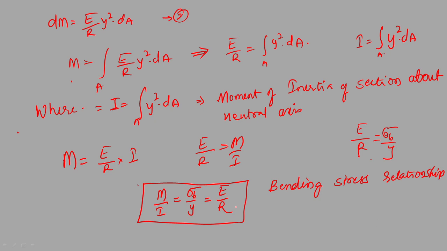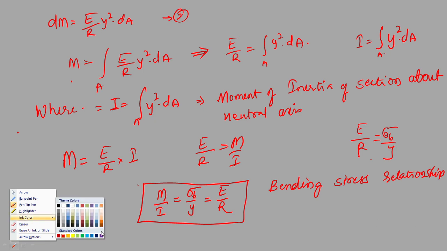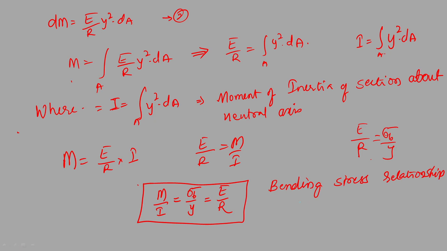Now where M is the bending moment, in Newton mm. I is the moment of inertia, in mm to the power of 4.